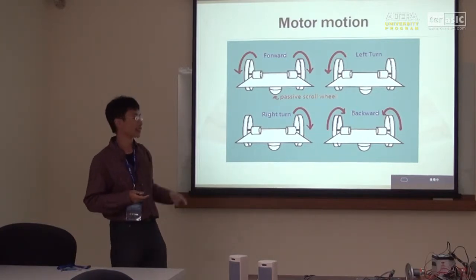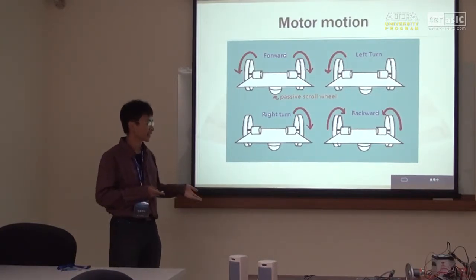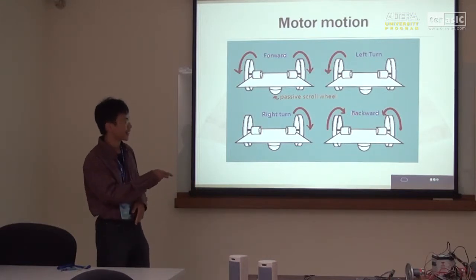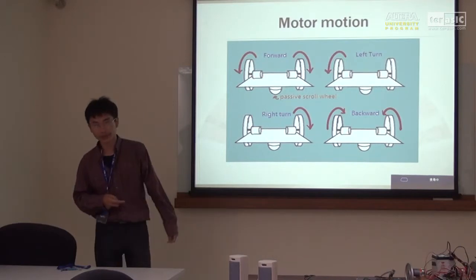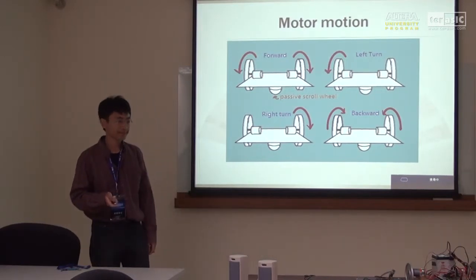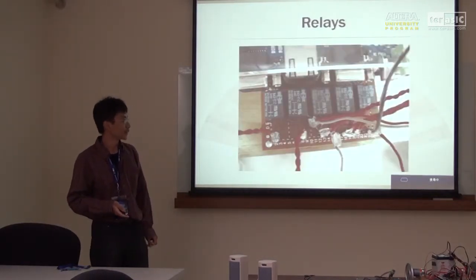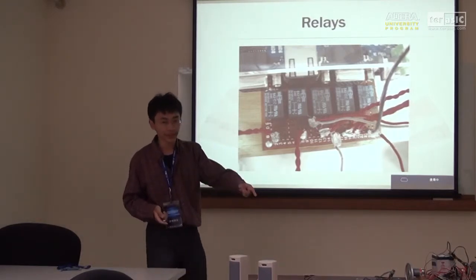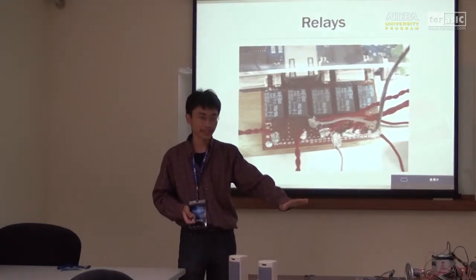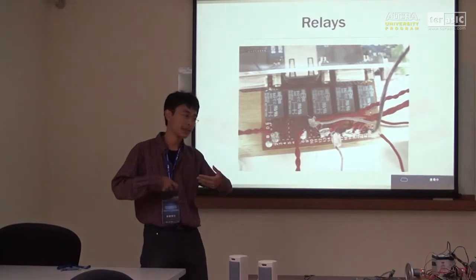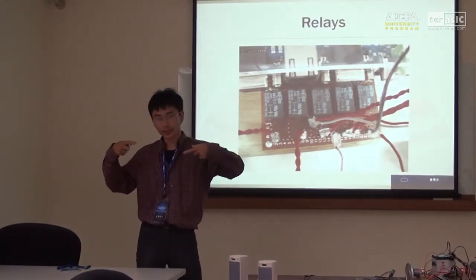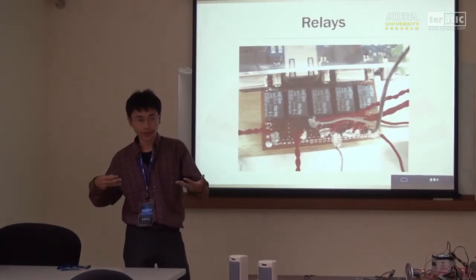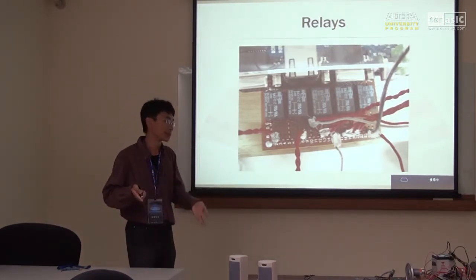So it can go left, and the others have similar principles. And then we use some relays to control the current, so the current can control the motors to turn in the direction we want.